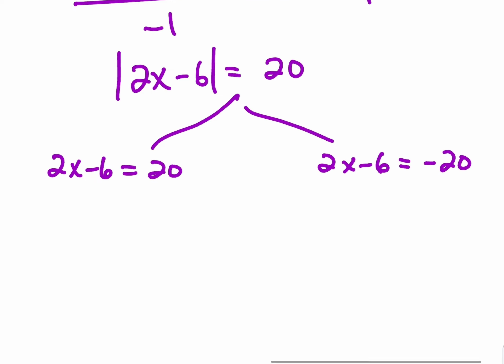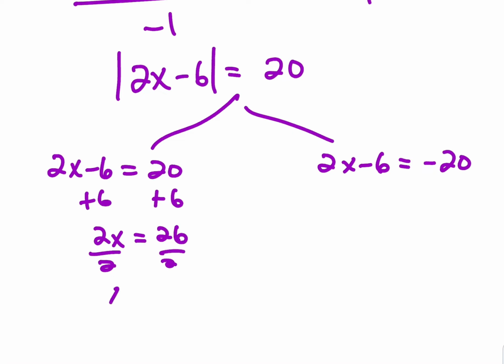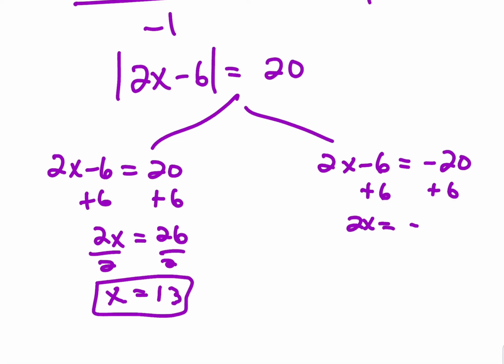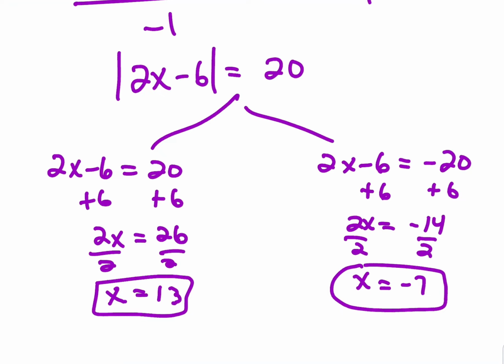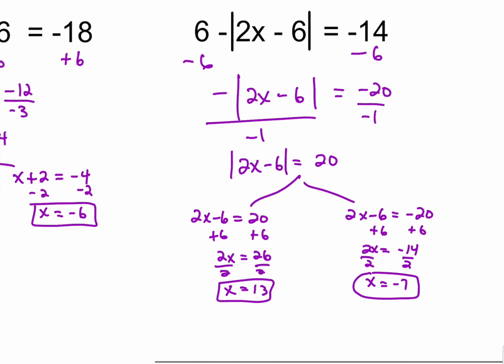All right, add 6 to both sides. We get 2x equals 26. Divide by 2, and we get x equals 13. Same thing over here. Add 6 to both sides. 2x equals negative 14. Divide by 2, and we get x equals negative 7. You plug those in to the original equation, it should check out.